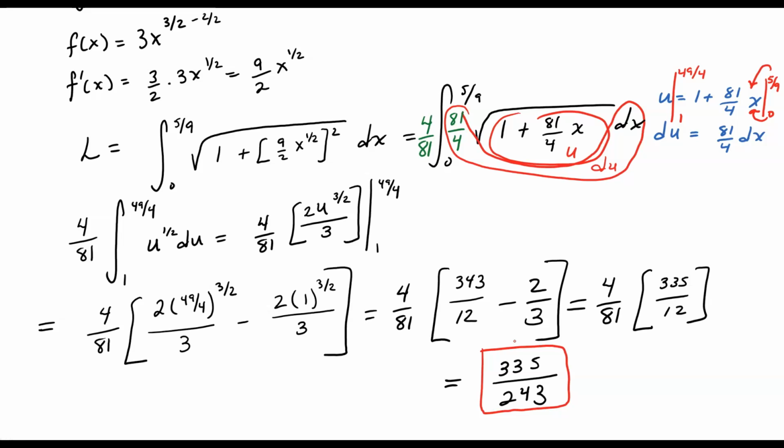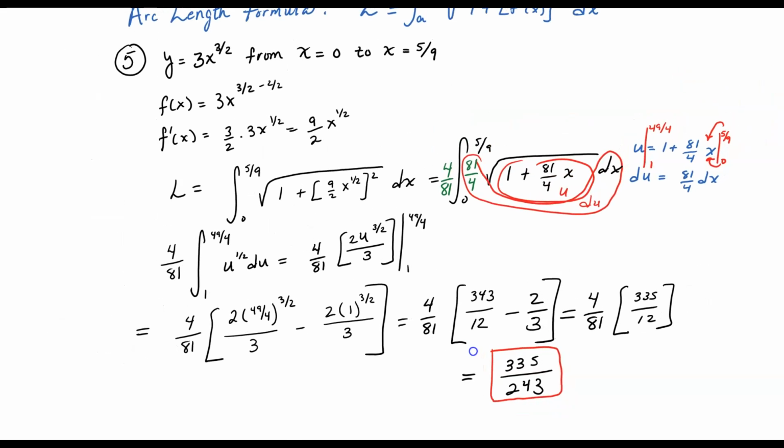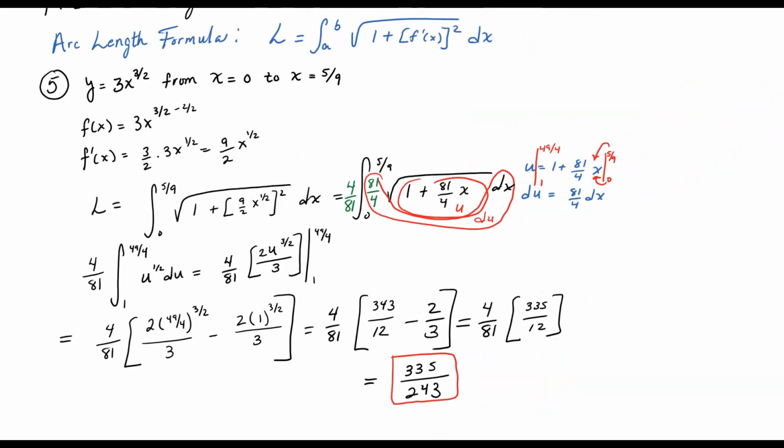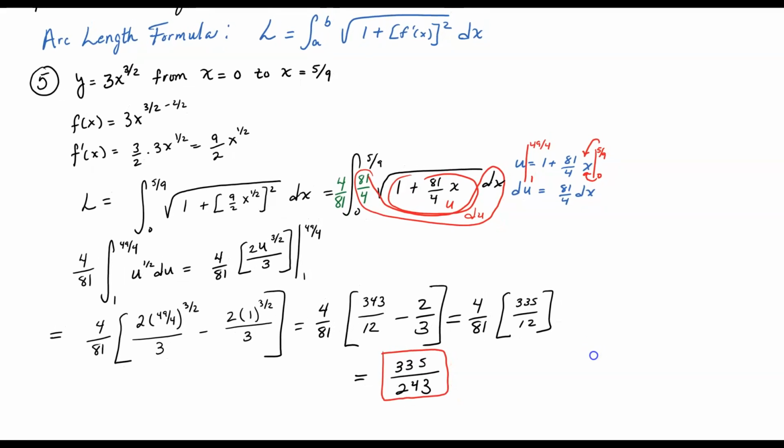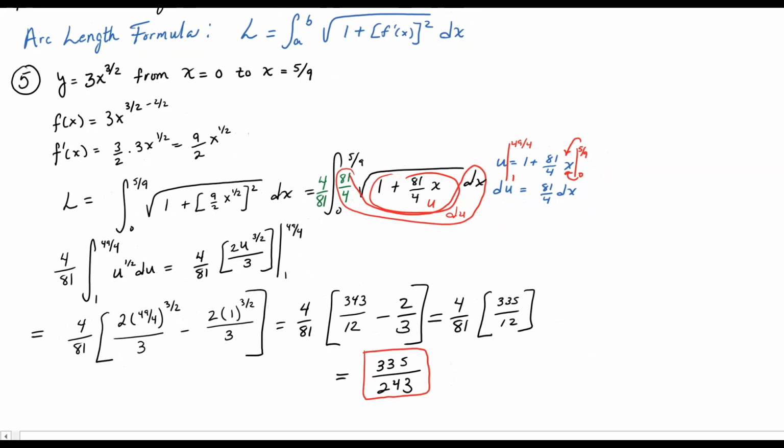So think about it. If you look at the formula, it kind of looks like it wants to be a distance formula. It's because it's a play on the distance formula. Arc length, again, is the distance between 2 points.